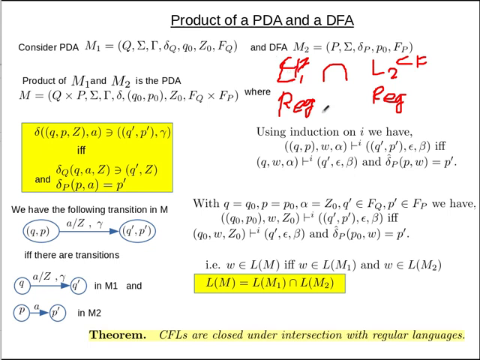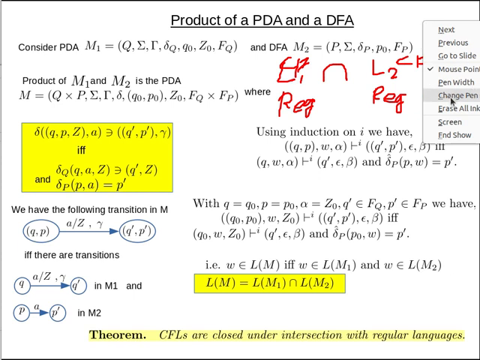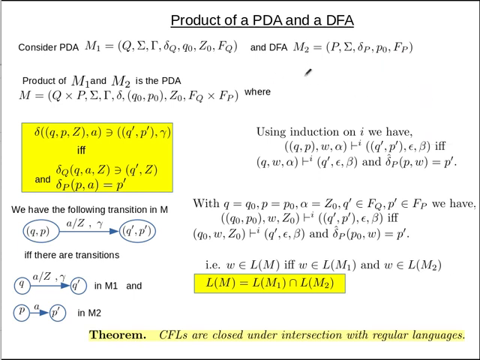But what we can say is, if you have a CFL on one hand, and you have a regular language as the second part, and you take the intersection between these, one is CFL, another is regular, then you get a CFL. Okay, so CFL intersection CFL is not necessarily a CFL, but CFL intersection regular is a CFL. So this is what we are now going to prove.